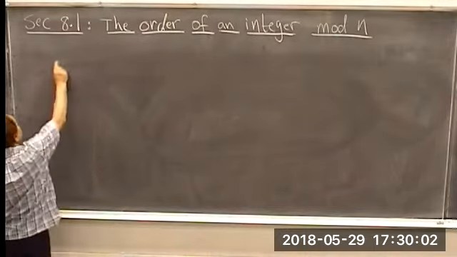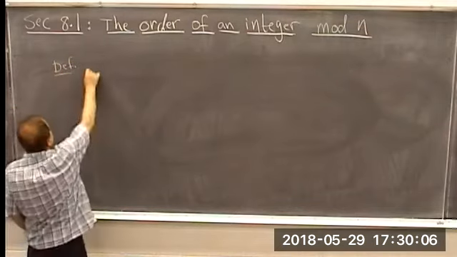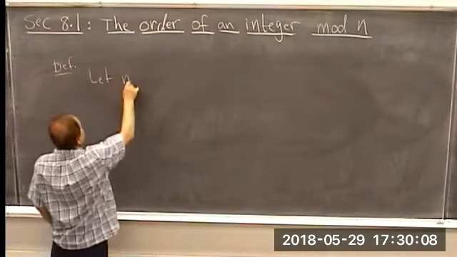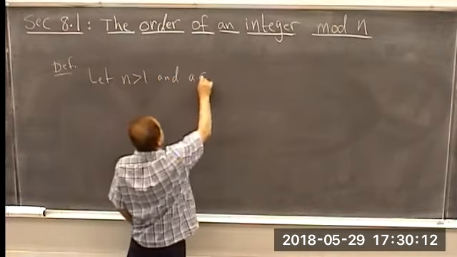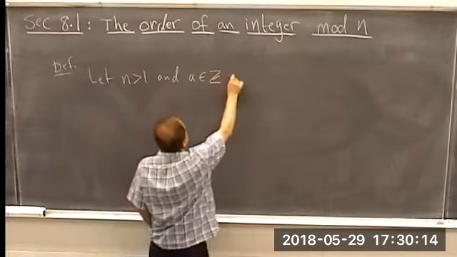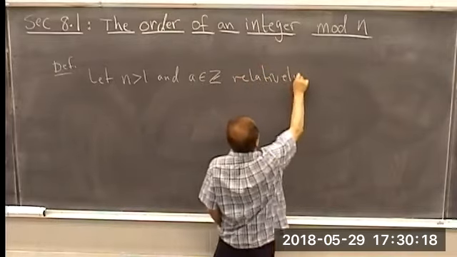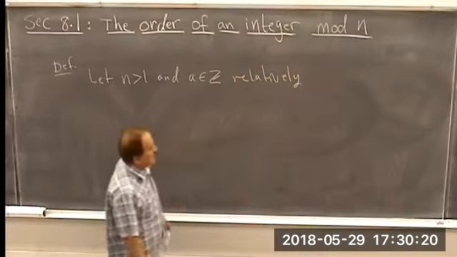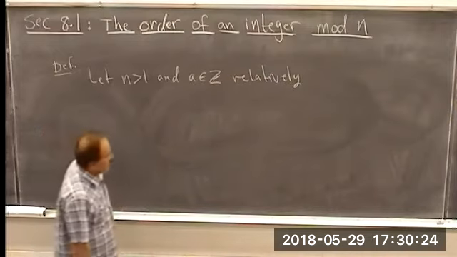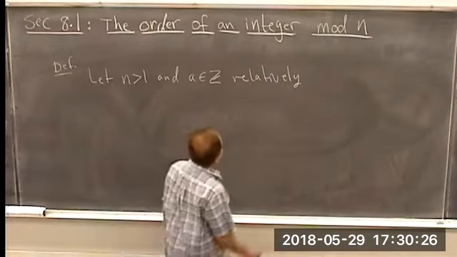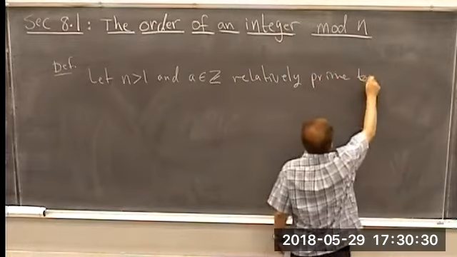So here's the first definition. Again, let n be bigger than 1 and a in Z relatively prime to n. We're going to see it must be relatively prime for this concept of order to make sense.